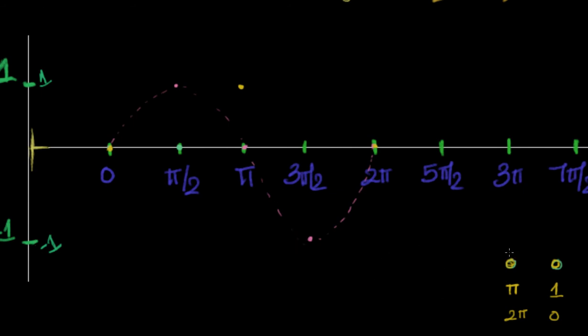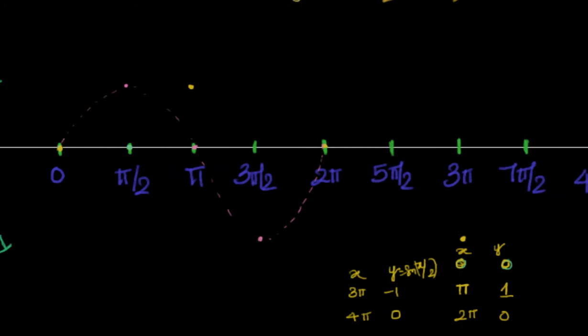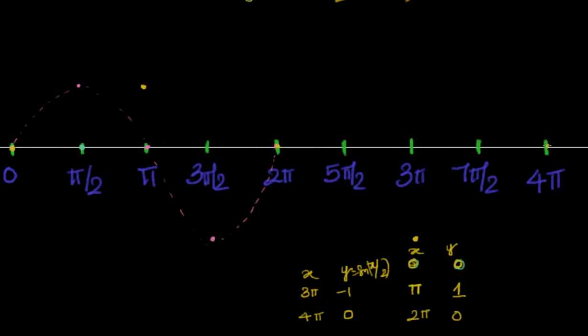These are values of x comma y. And at 4 pi, y equal to sin 4 pi by 2, that means sin 2 pi equal to 0.